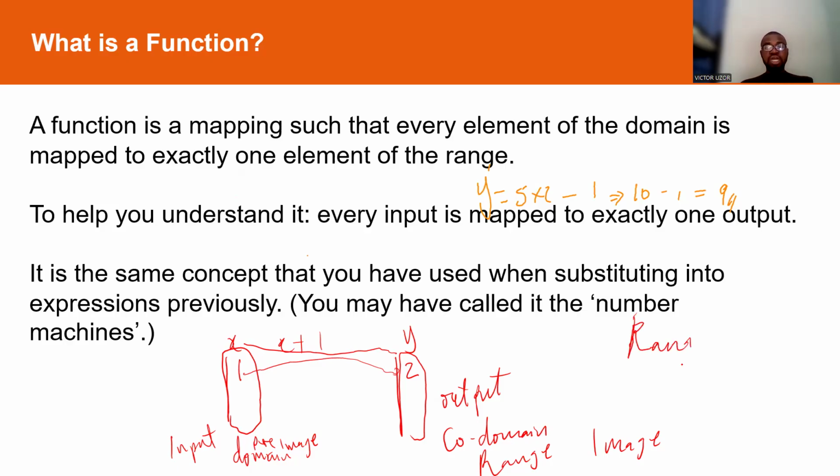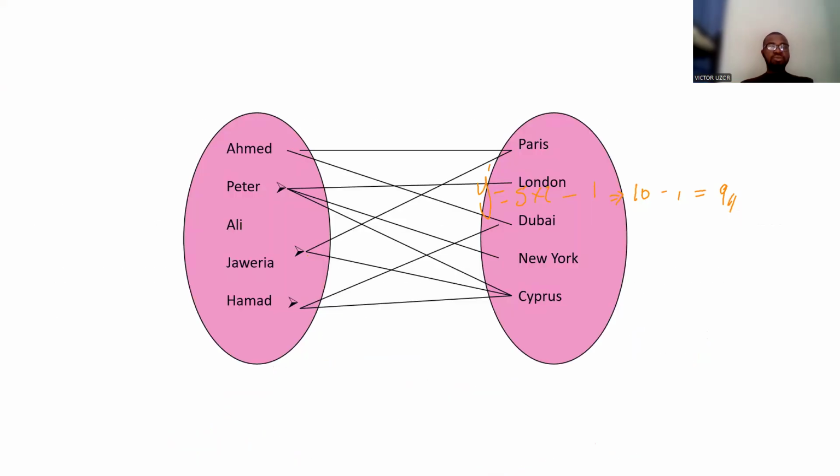According to the definition, a function is a mapping such that every element of the domain, that means every element in the input, is mapped to exactly one element of the range. Look at the example here.